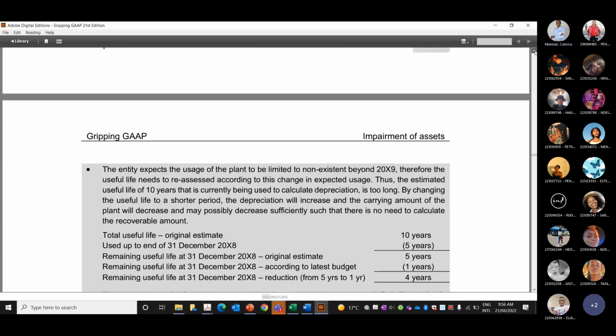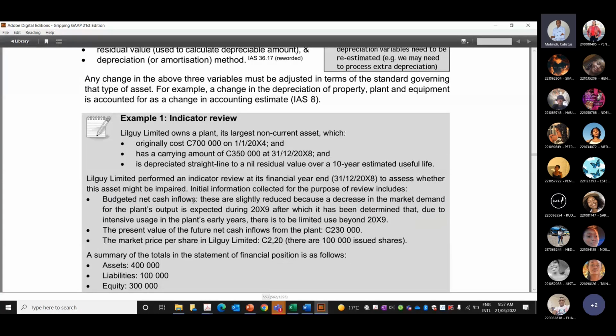It says the budgeted net cash flows are slightly reduced because a decrease in the market demand for the plant's output is expected during 20X9, after which it has been determined that, due to intensive usage in the plant's early years, there is to be limited use beyond 20X9. All right, there's limited use beyond 20X9.